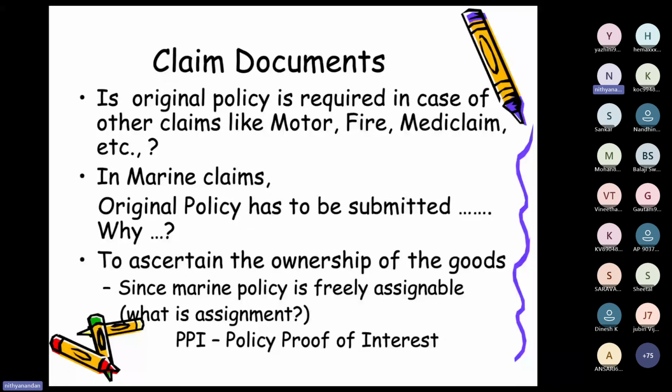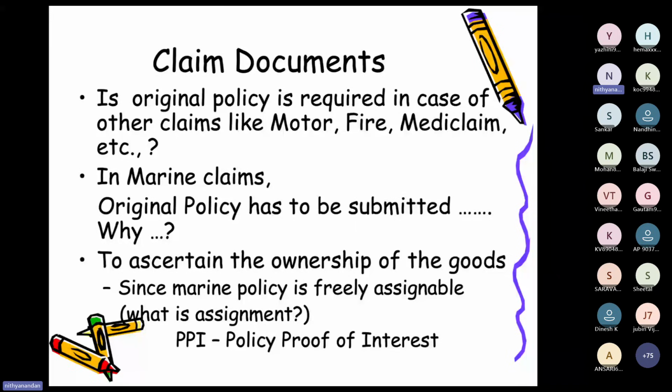Another abbreviation, sometimes they may ask PPI, policy proof of interest, which means policy is the only proof of insurable interest. How will you prove insurable interest in other claims? For example, in a motor claim, how is insurable interest proved? By bringing the RC, right?